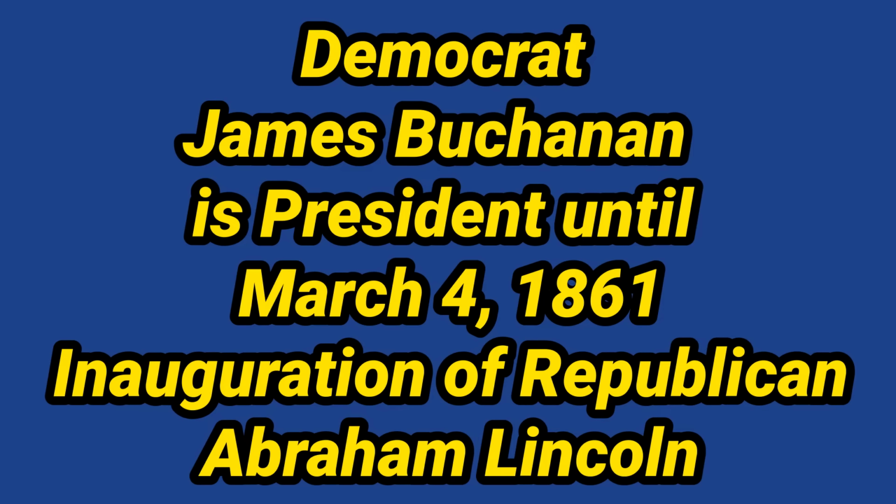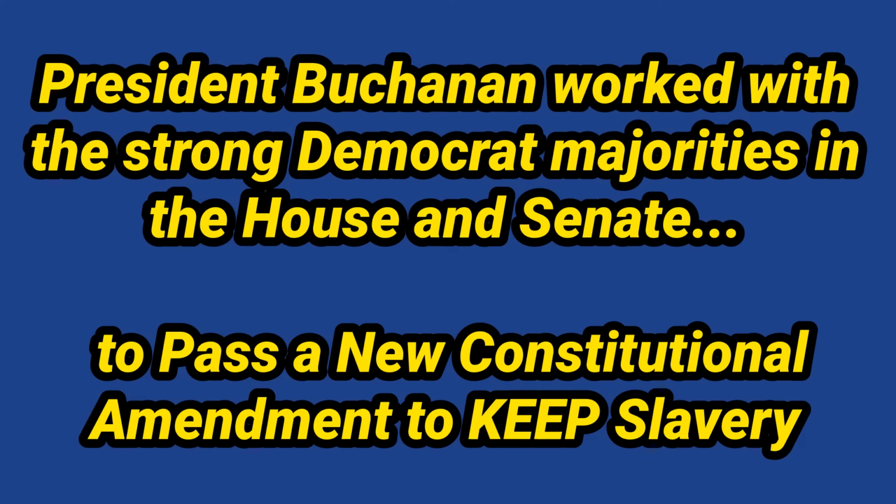Buchanan was still president, and he was very concerned about what was going on regarding slavery. So he began to push for this new amendment to abolish any attempt to ever abolish slavery. He was talking to members of the House and Senate, and the Democrats still had strong majorities in the House and Senate.